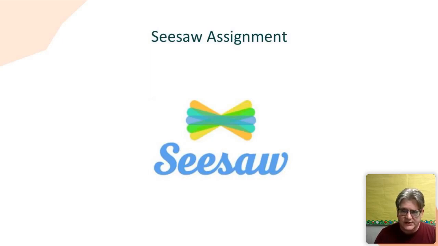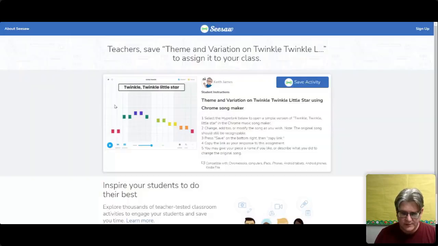So I'm going to go over to Seesaw. And here's the lesson that I made. I've got the directions right here. Select the hyperlink below to open a simple version of Twinkle Twinkle Little Star. And then I said, change, add to, or modify the song as you wish. And I said, note, the original song should still be recognizable.